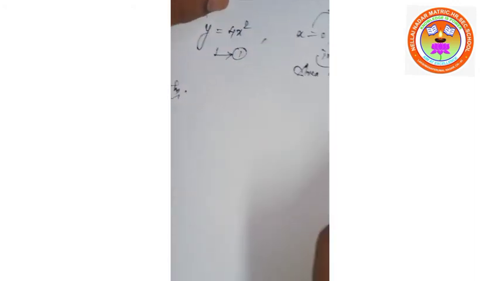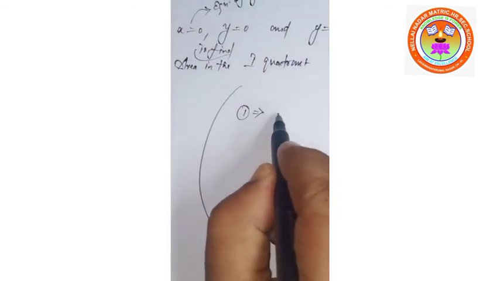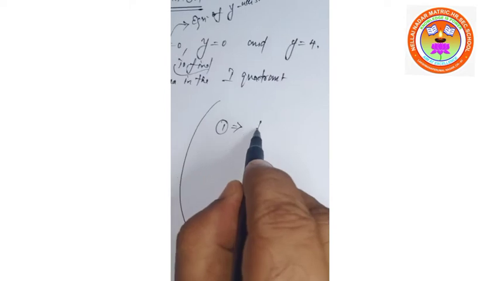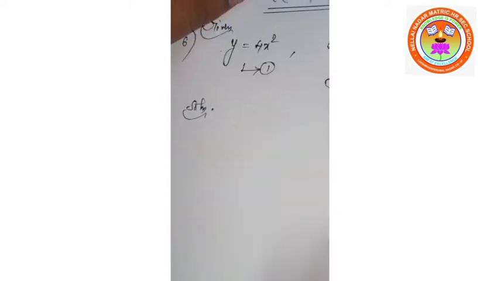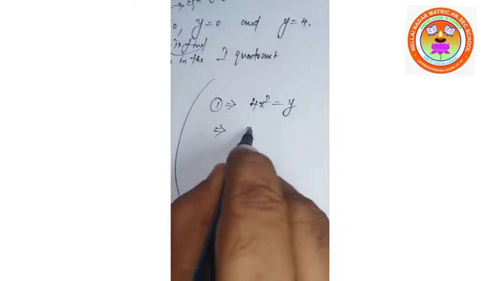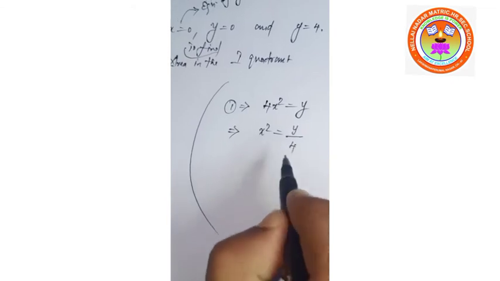So I am finding x from equation number 1. y equals 4x squared. Can we write 4x squared equals y? Same only. I am retaining x squared on the left hand side: x squared equals y divided by 4.